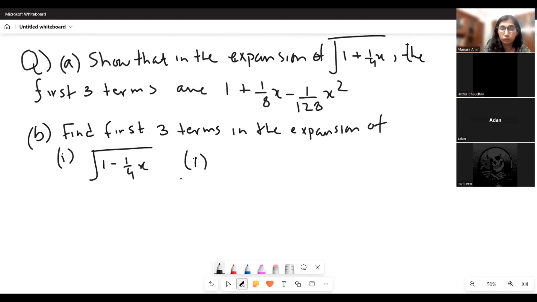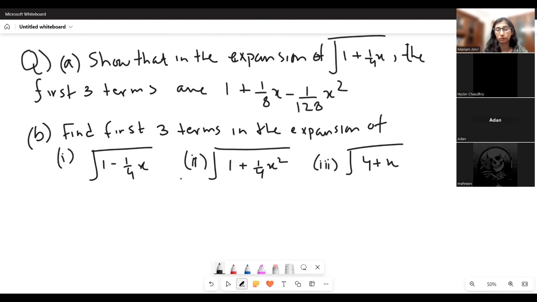Part 2, square root 1 plus 1 by 4x squared and 4 plus x. Let's start with part A.